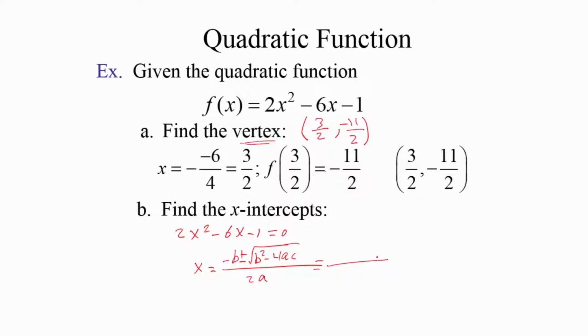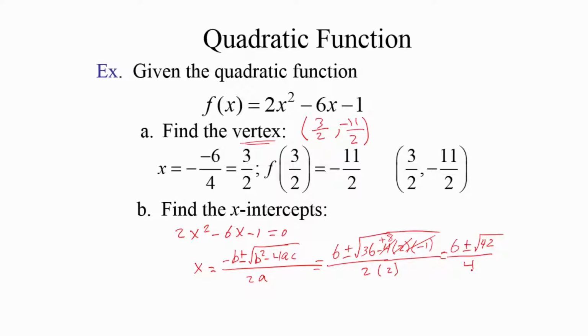So that would be equal to minus b, which is 6, plus or minus square root of 36 minus 4 times a, which is 2, times c, which is minus 1, divided by 2 times 2. So minus 4 times minus 1 is plus 8. So you have 6 plus or minus square root of 36 and 8, which is 44, divided by 4.